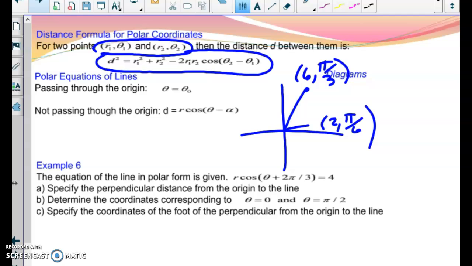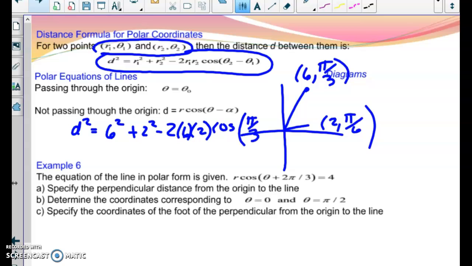So let's go with the distance squared is equal to your R1, which is, I think I drew the 6 first, plus R2 squared minus 2 times 6 times 2 times the cosine of the difference of the angles. Now notice that I use the bigger one to be the first point, so my angle is positive.